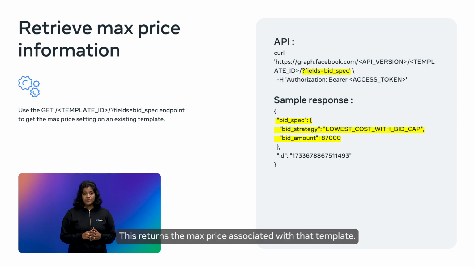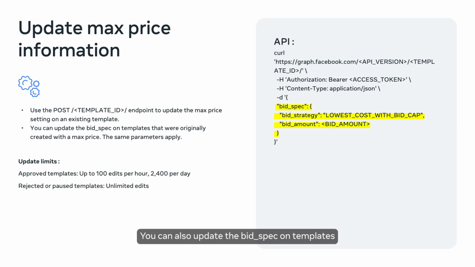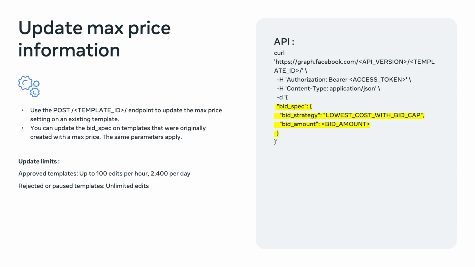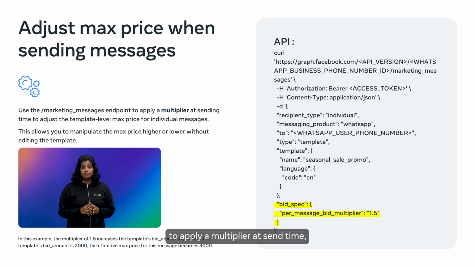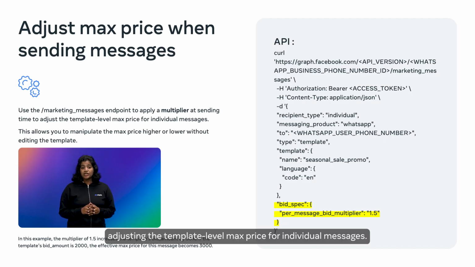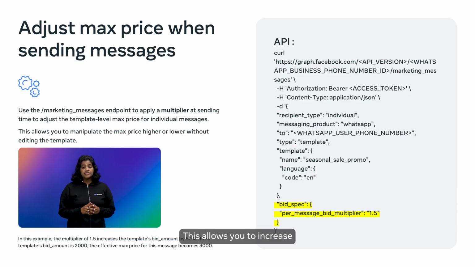This returns the max price associated with that template. You can also update the bitspec on templates that were originally created with a max price. The same parameters apply. Use the marketing messages endpoint to apply a multiplier at send time, adjusting the template level max price for individual messages. This allows you to increase or decrease the max price per message without editing the template itself, giving you per user pricing flexibility.